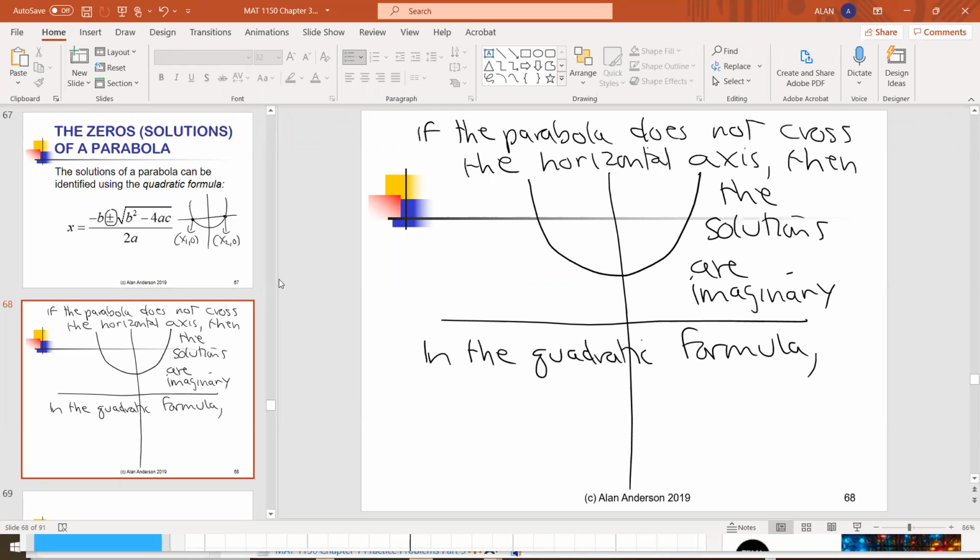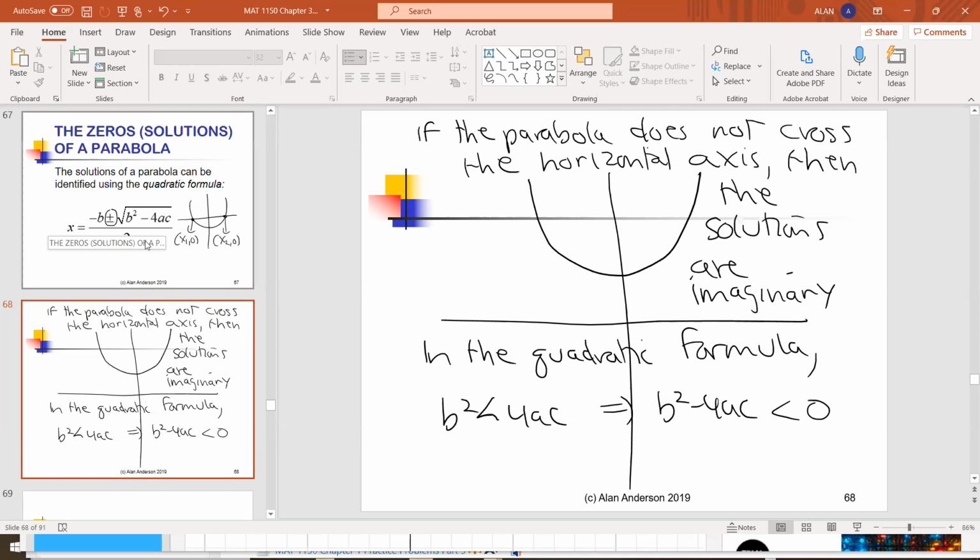You would end up with b squared minus 4AC being less than zero, and you would end up with the square root of a negative number. And that's how you would know you have imaginary solutions, and that the graph of this parabola does not touch or cross the horizontal axis.